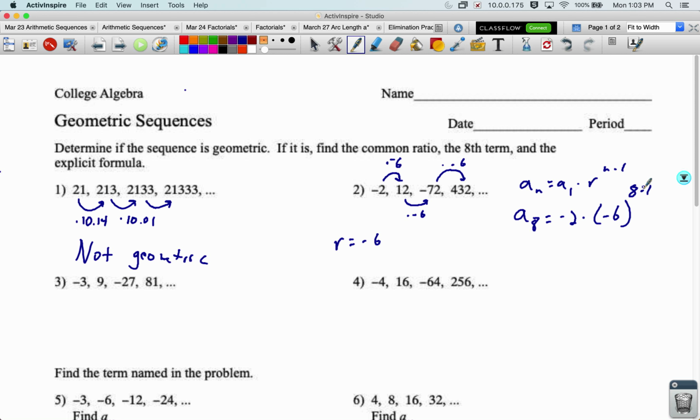Plug this whole thing into your calculator, but I'm going to do negative 2 parentheses negative 6 to the power of 7. Just do that step in your head. And then I get that a sub 8 equals 559,872.